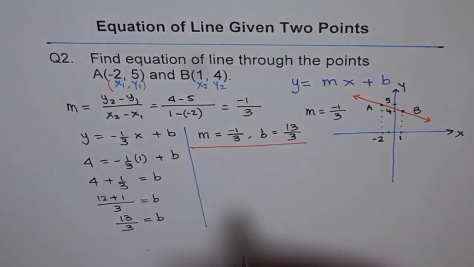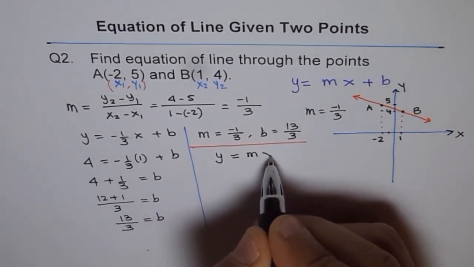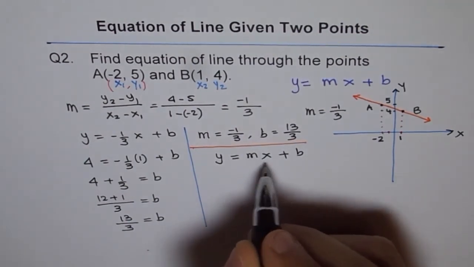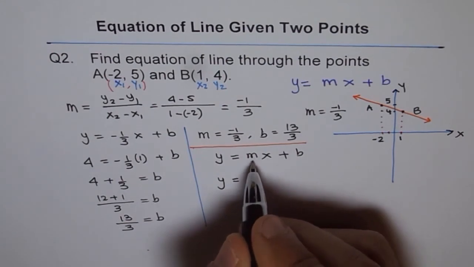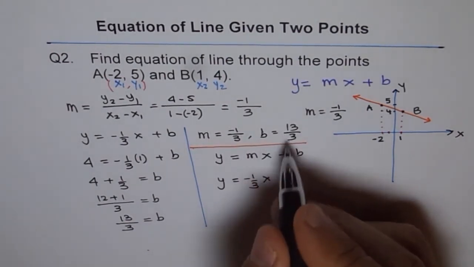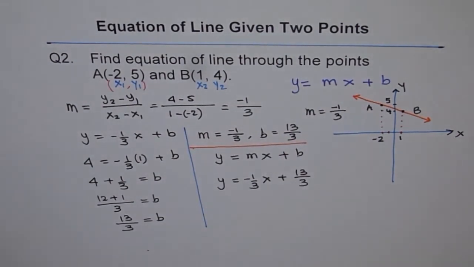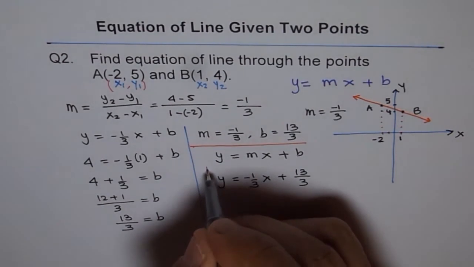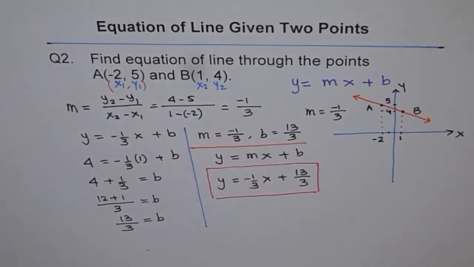Since we are writing the equation in the form y = mx + b, which is slope-intercept form, we can now write this as y = -1/3 x + 13/3. So that is our equation of the line through the given points. I hope you understand the process.